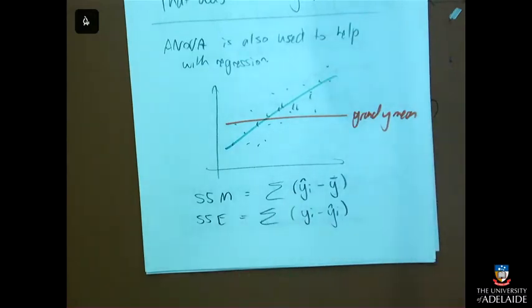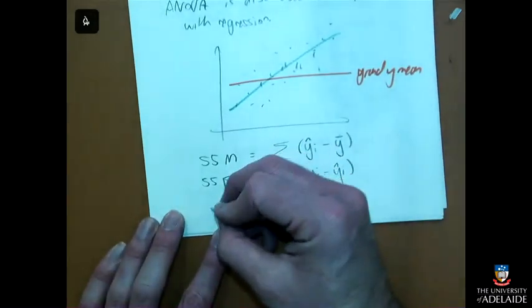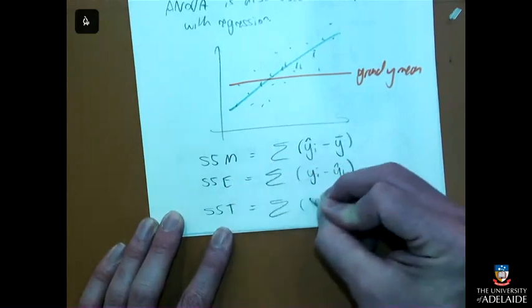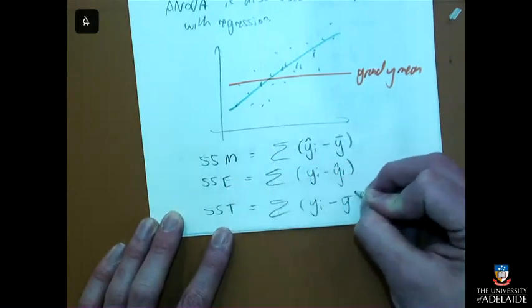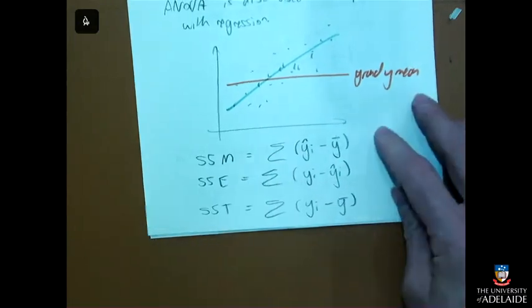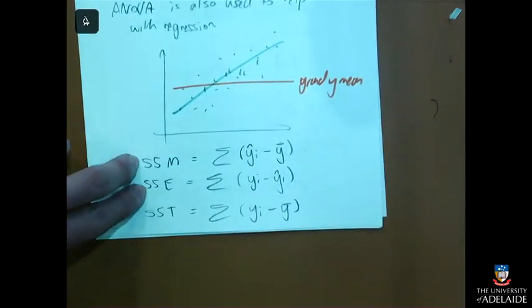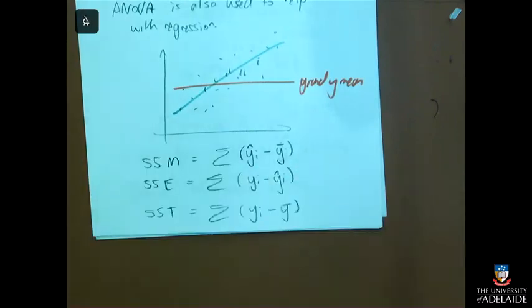And together, that's how far everything is from the grand mean. This is the SS total. And so what you do is you divide these by their appropriate degrees of freedom and then divide those two answers, and that gives you an F just like it does with ordinary ANOVA. And that's why every time you do a regression it produces an ANOVA table that gives you a p-value to say, does the model do anything? But then you get separate statistics to tell you about each individual variable.